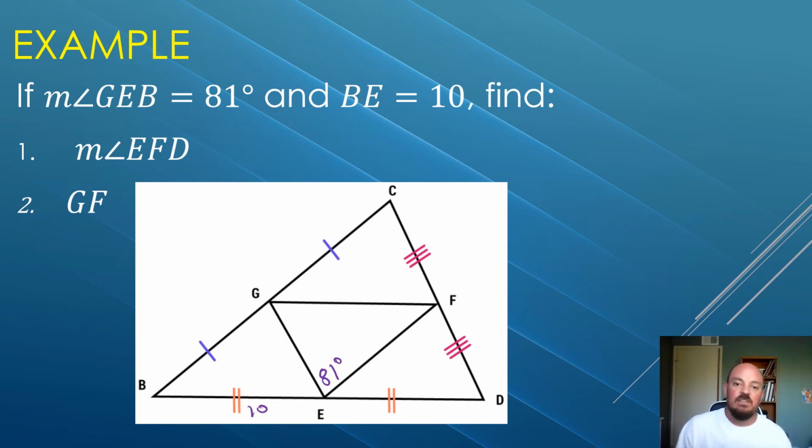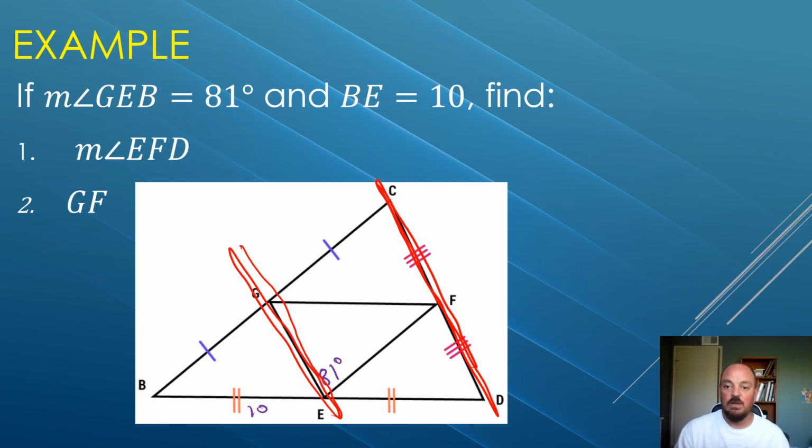The measure of EFD, you have to look at this very, very carefully. Imagine, I'm going to mark up the picture and then I'll erase it for the second half of the question. Imagine we have this line here, and this line here, which I'm doing bold in red. Those are parallel because that was our first theorem.